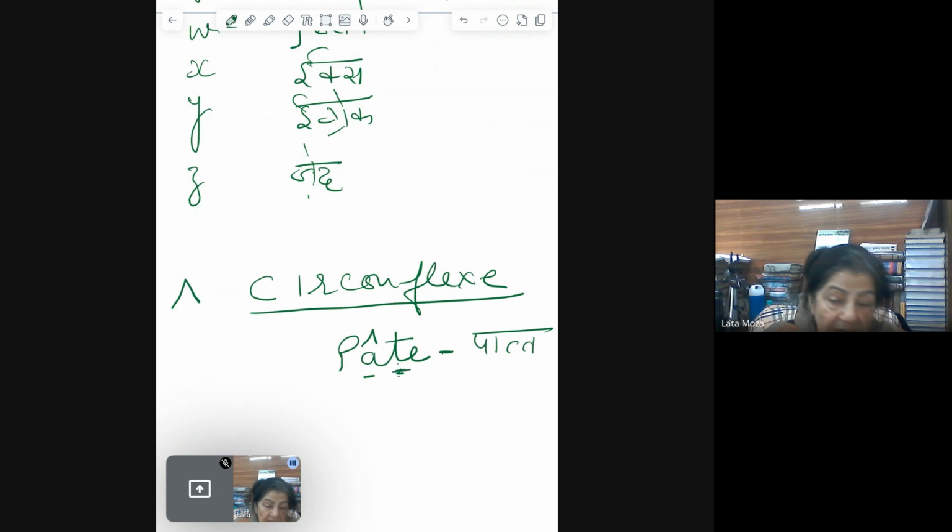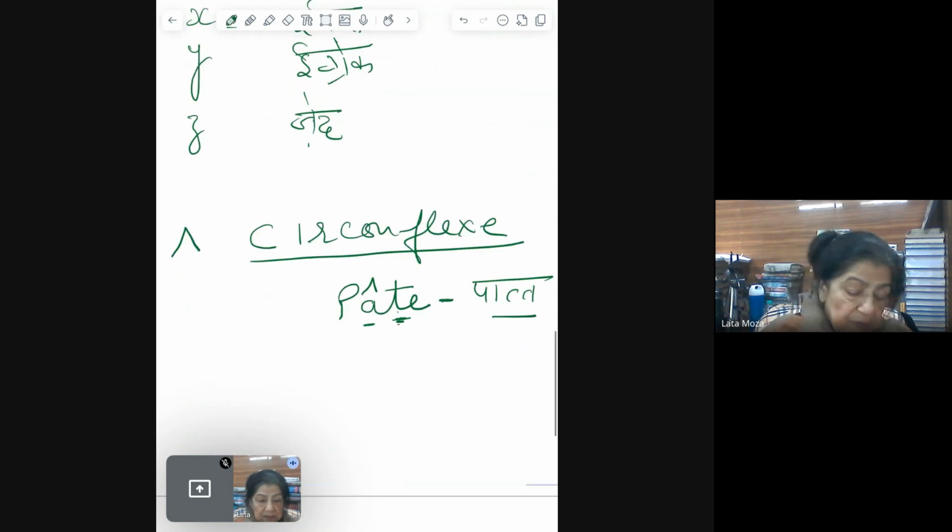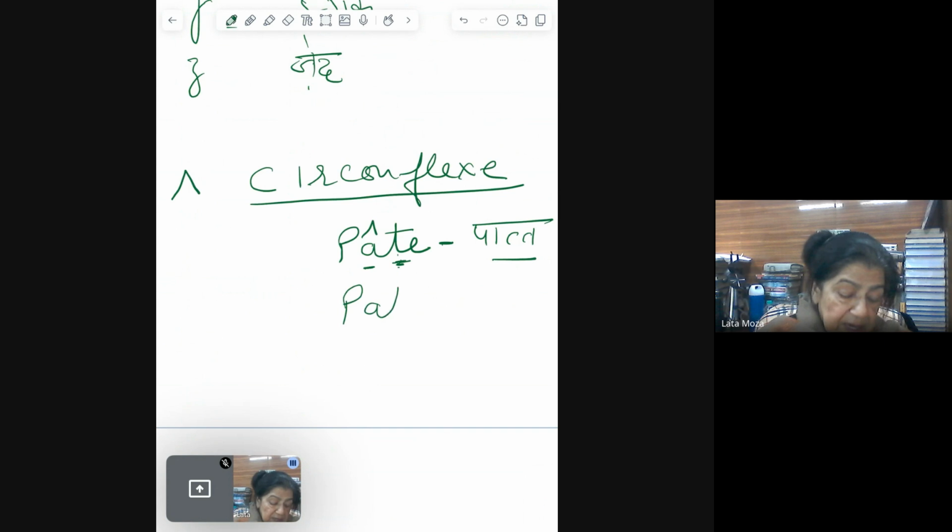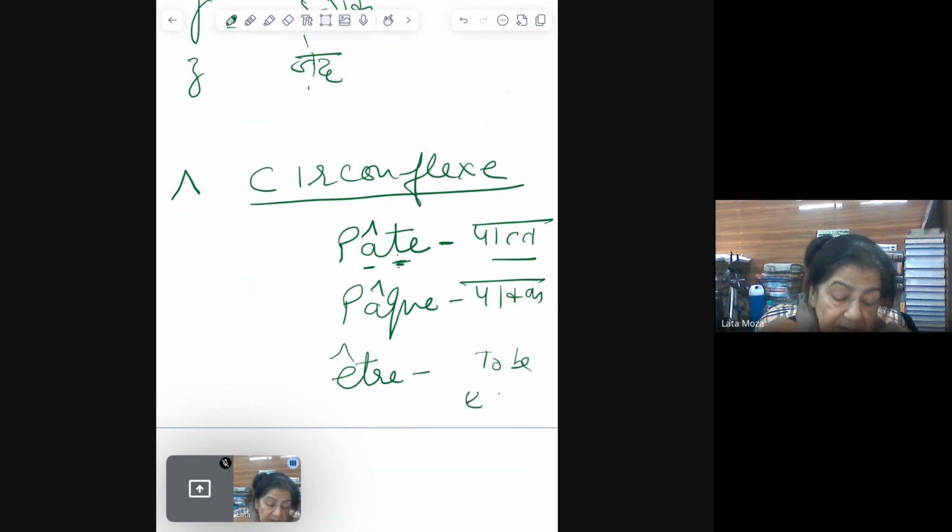That means T has been pronounced twice. In the same fashion, a word like "pakha" with Q-U-E will be pronounced as "pakha". Even the word être, être is "to be". So it will be like this, et, ta, and then tra, être. Être is to be. And you have seen that the next letter is spoken twice.